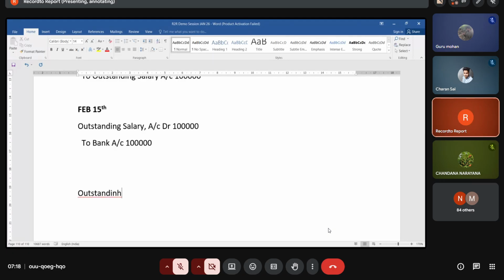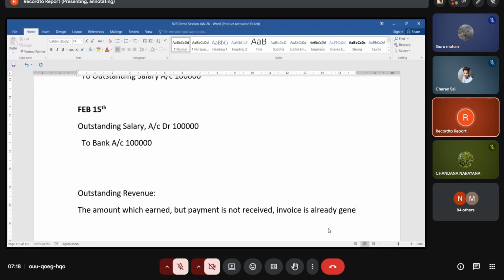Outstanding revenue. The amount which is earned but payment is not received, the invoice is already generated, and the due date is also crossed. Such revenues are called outstanding revenue. So the amount is earned, the invoice is generated, the payment is not done, and the due date is crossed.